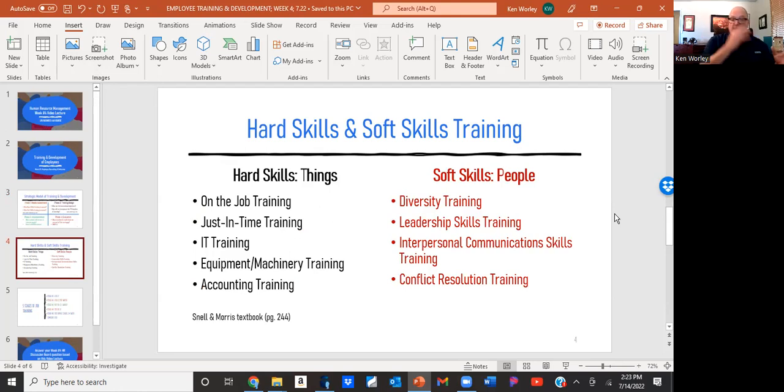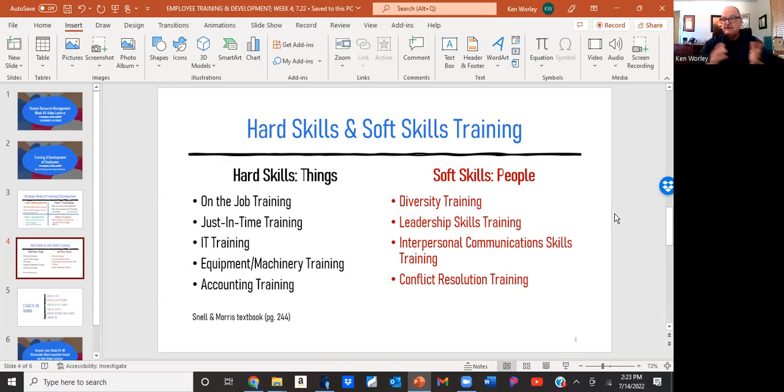So it could be anywhere from learning how to do something on a computer. It could be learning how to do something with finances, using a new software on the computer in order to do the finances. It might actually be learning how to drive something or operate a new piece of equipment of some kind. The soft skills are the people side.